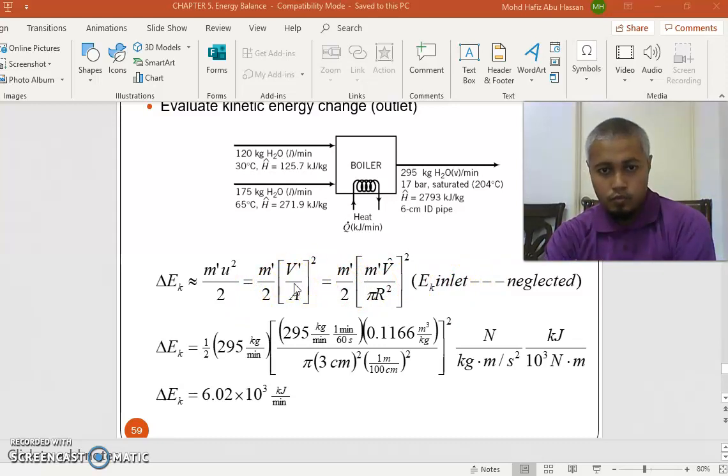If we divide volumetric flow rate by the area, we can get velocity, as discussed in the previous class. So to get volumetric flow rate, what we need is the mass flow rate and also the specific volume.